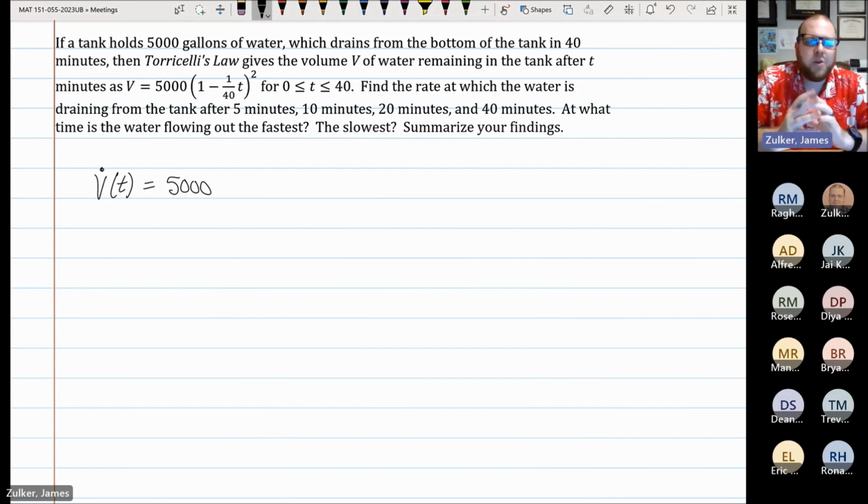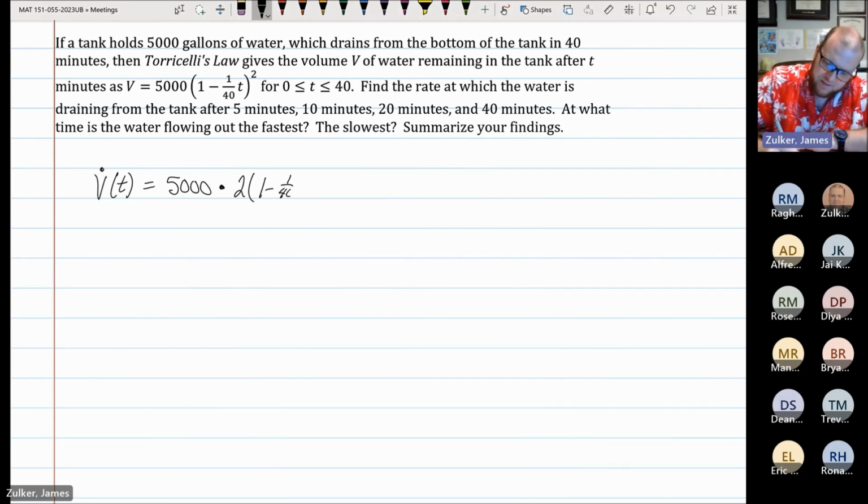First, we have a constant multiple, a scalar multiple, right? It's going to be the scalar times the derivative of the function. This is a general power function. 2 times the function to the first power times the derivative now of the function.